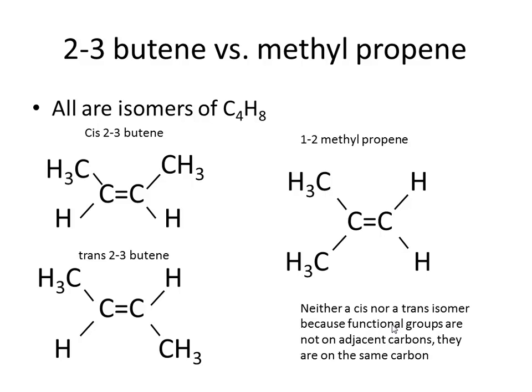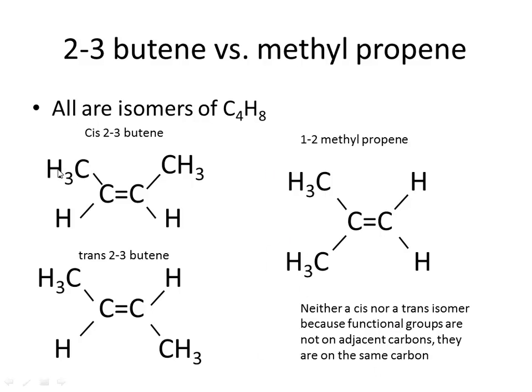So this is another one we did in the POGIL. I think it's on the second page. So C4H8 on the bottom of the second page. We talk about the non-ring structures of C4H8.